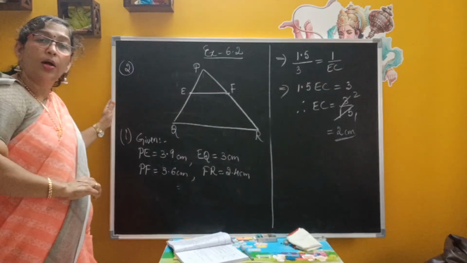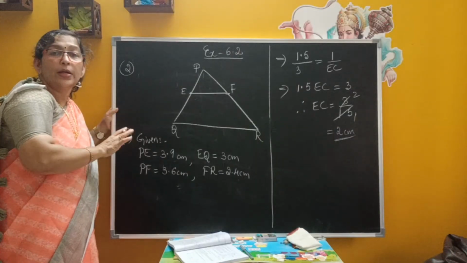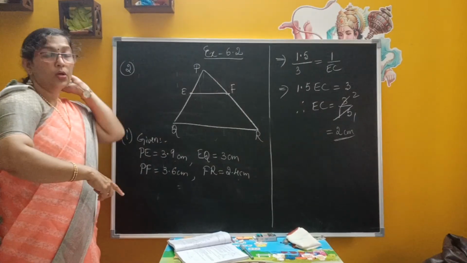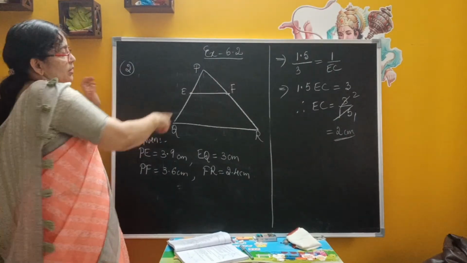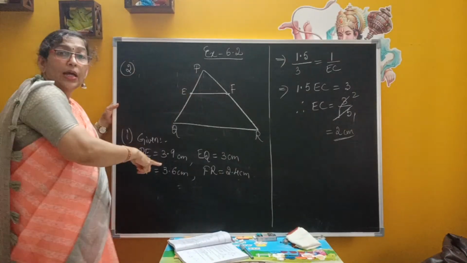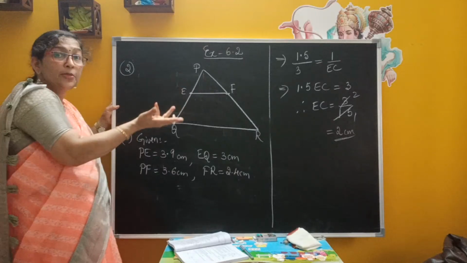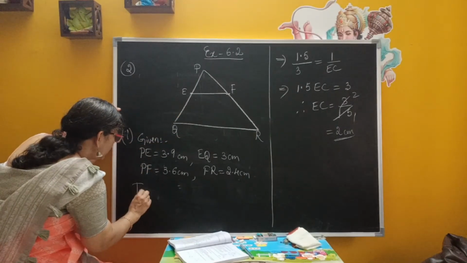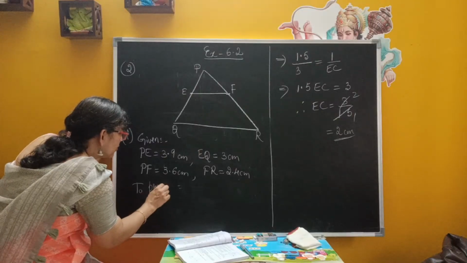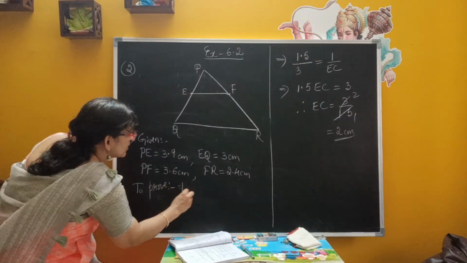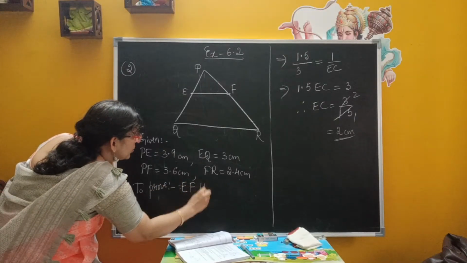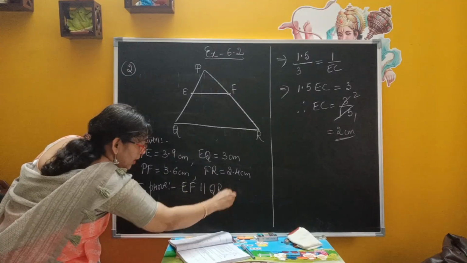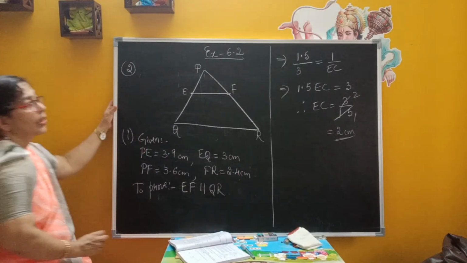So what do we need to prove now? We need to prove these ratios are equal. If they are equal, the line is parallel, isn't it? So what we have to prove is that EF is parallel to QR.